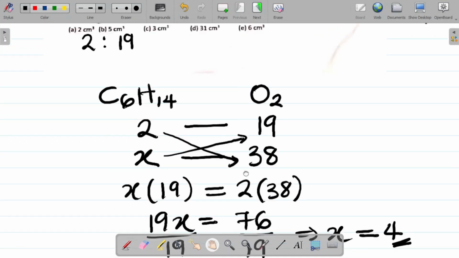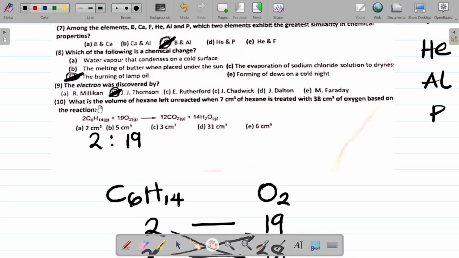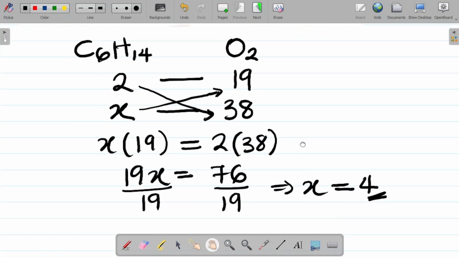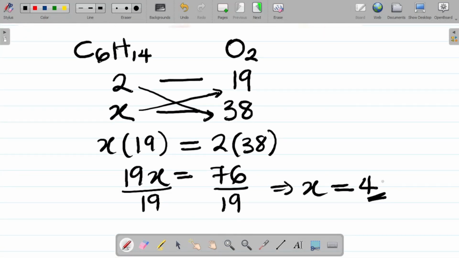Now come back to the question here. They said, what is the volume of hexane left when 7 cm cube? So it means for 38 cm cube of oxygen, I only require 4 cm cube of hexane to react with oxygen, but I was given 7 cm cube.